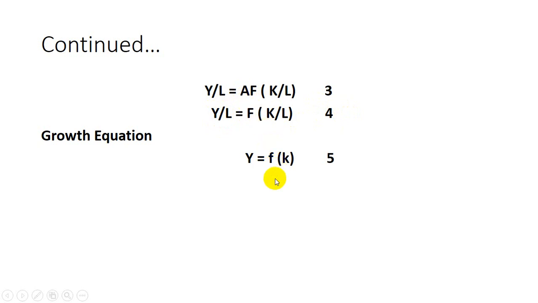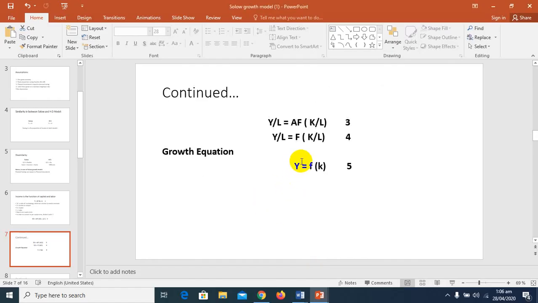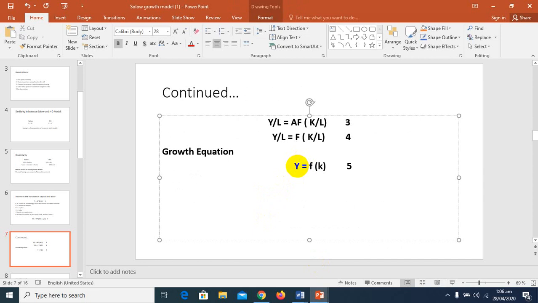For simplicity, we represent Y/L, output per worker, with small y. Here I have to make a correction. Y/L is represented by small y, and K/L, the capital labor ratio, we have denoted with small k. Just for simplicity we have done this.